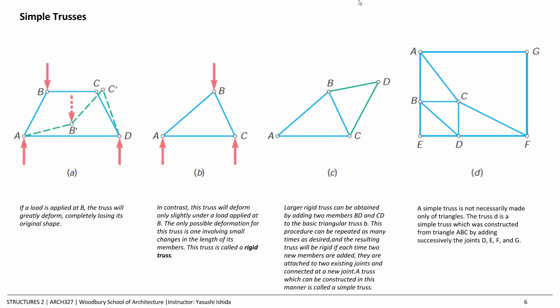However, if you have 3 bars and 3 joints, as shown in B, basically a triangle with 3 pin joints, you can easily imagine that it does not deform at all. That's purely through geometry and the number of members and joints, and that basically determines whether the truss is stable or not.